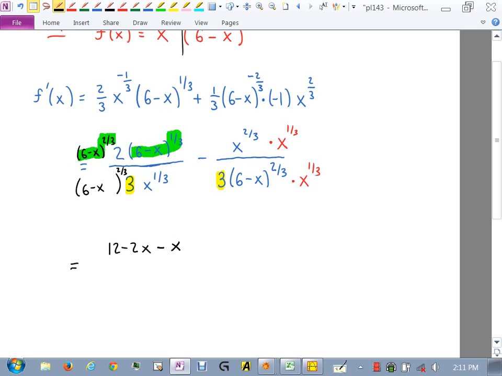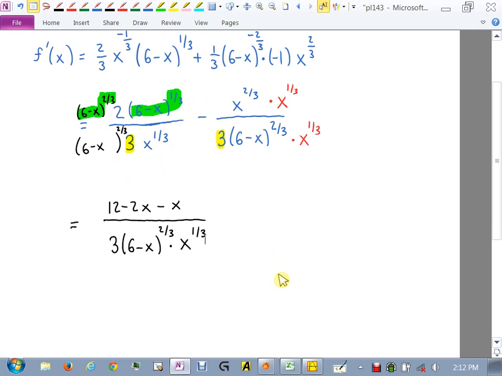Minus x all over the common denominator, which is, it's an ugly common denominator, but that's it.